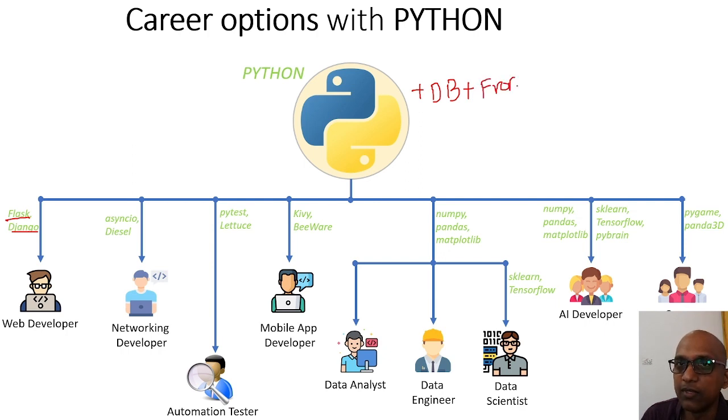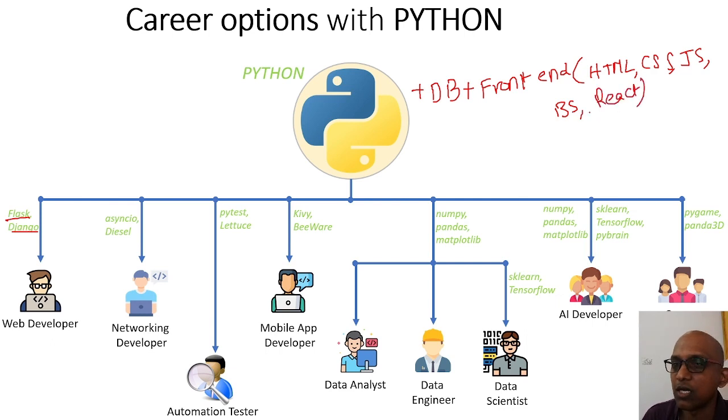Front-end technologies means HTML, CSS, JavaScript, Bootstrap, and also React. These are all the things you need to learn since you are in the Python full stack course: Python, database, front-end technologies, and the web frameworks.